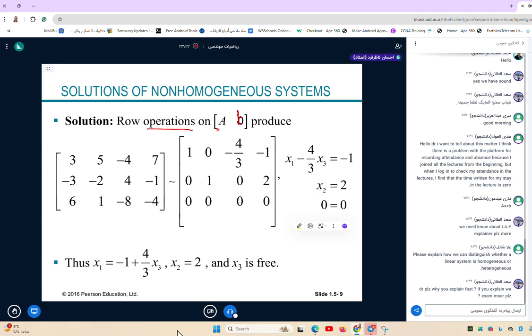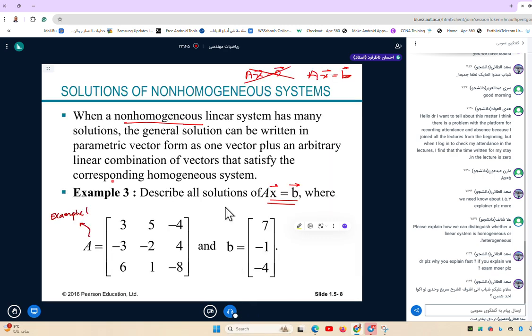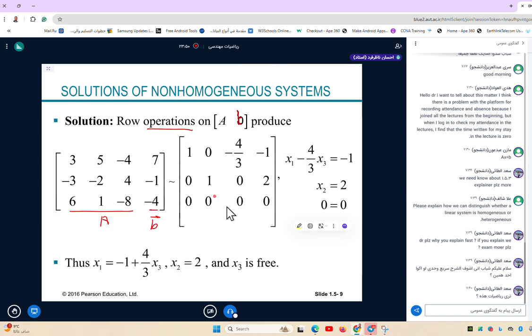So for the row operations on this matrix A, for the last column we have the values of b. This is matrix A, and this column is b, 7, -1, -4.